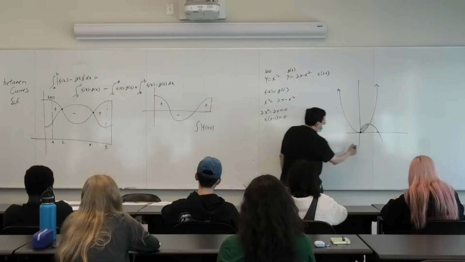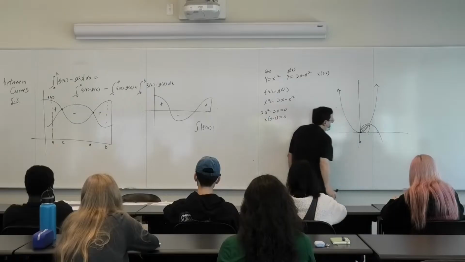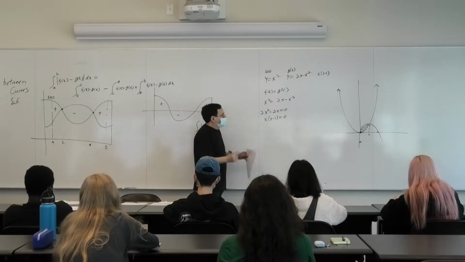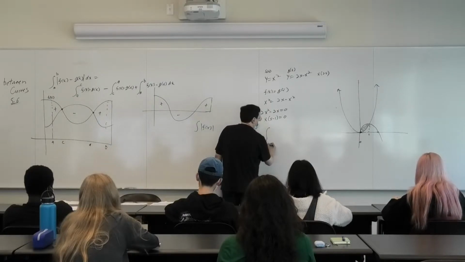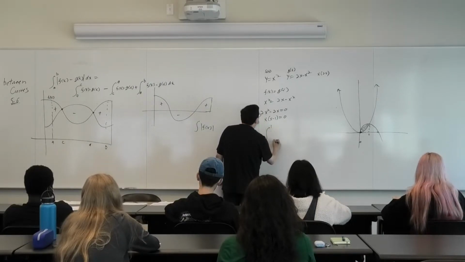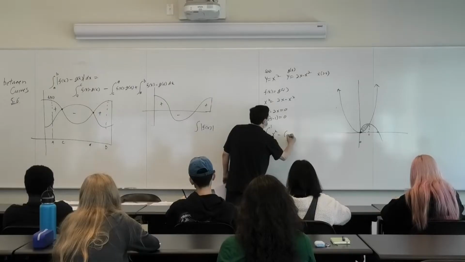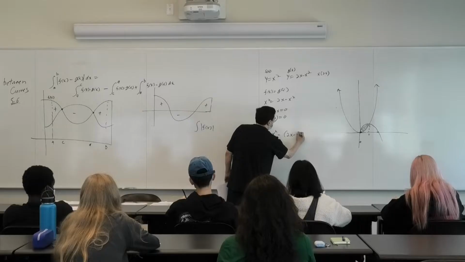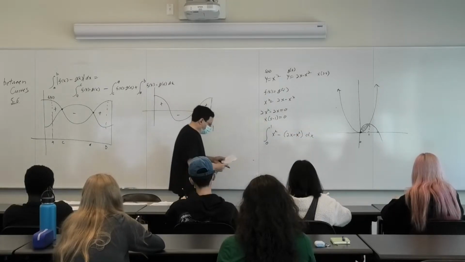That is to say, they intersect at 0 and 1. From there, our job is pretty easy. We just want to find the integral from 0 to 1 of x squared minus the quantity 2x minus x squared, which should be straightforward.